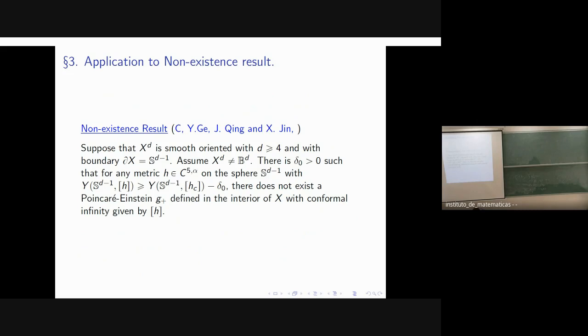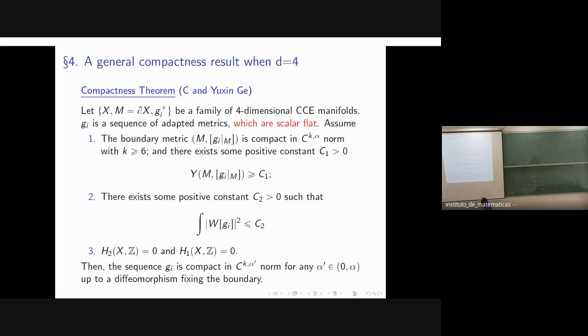So that's perturbation compactness. Now let me say some general compactness theorem in 4 dimensions. There is another version for d dimensions, but let me concentrate on 4 dimensions. The general theorem we have is the following. We assume the boundary metric is compact, which we always assume.